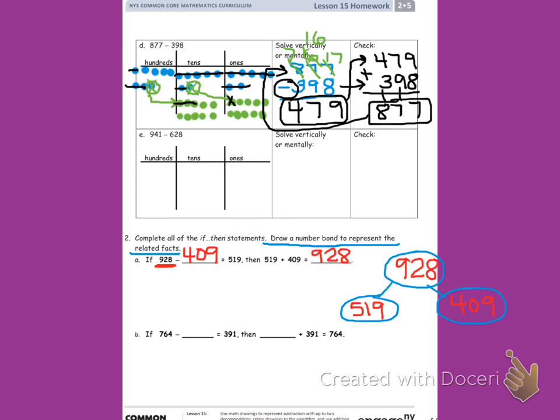I think I'll go ahead and check my work, though, just to be sure. I'll write 519 here and 409 here, and I'll add them together to make sure that I got the correct whole number. 9 plus 9 is 18. It's 8 in the ones and 1 in the tens. 1 plus 0 is 1, plus another 1 is 2.